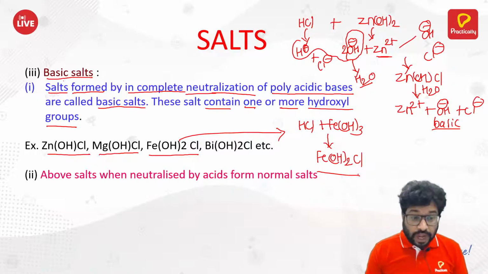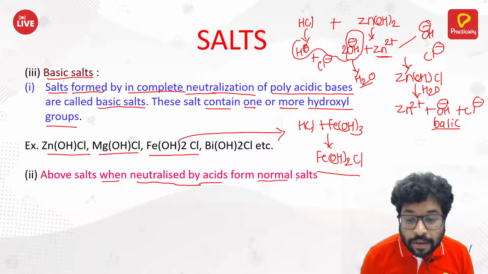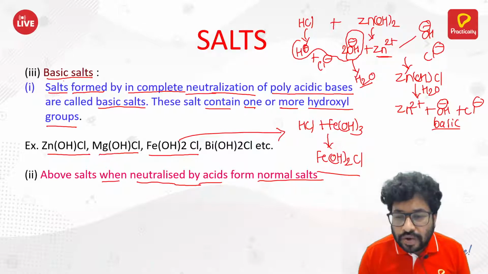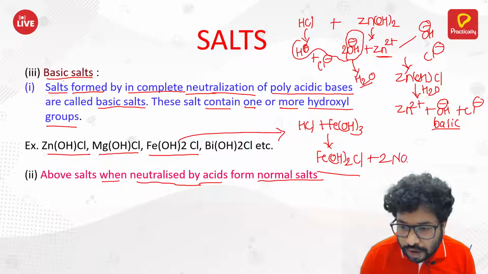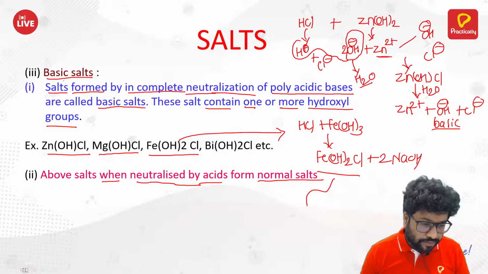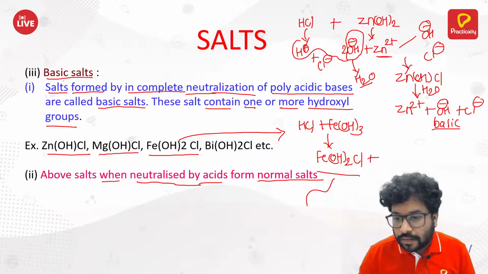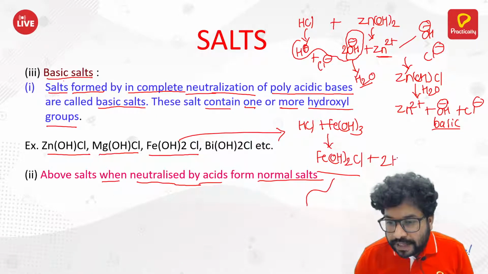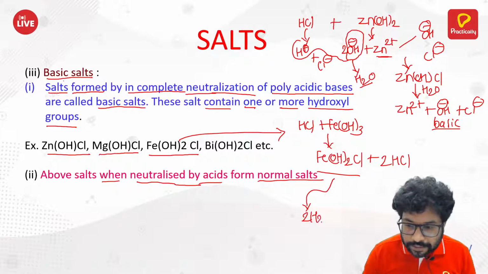Now again, these above salts, when neutralized by acids completely, form a normal salt, right? So your FeOH2Cl, if I try to react it with 2 moles of HCl, what would happen? These 2 OH minus and these 2 H plus will give you 2 water, right?